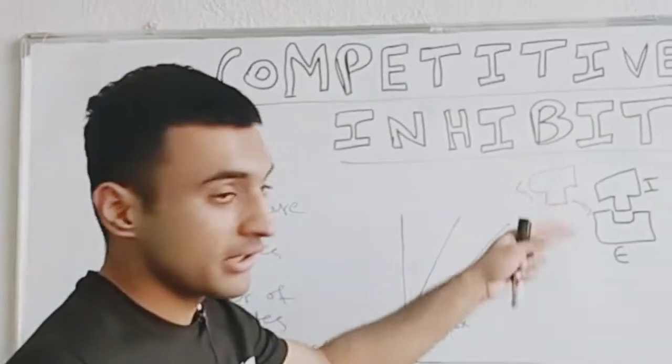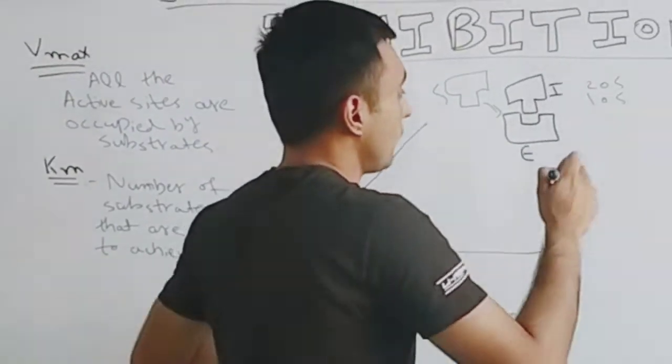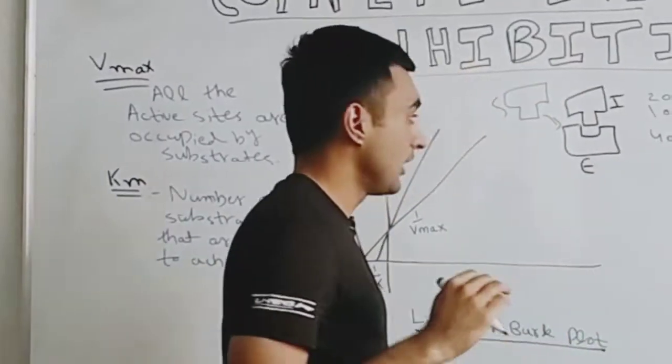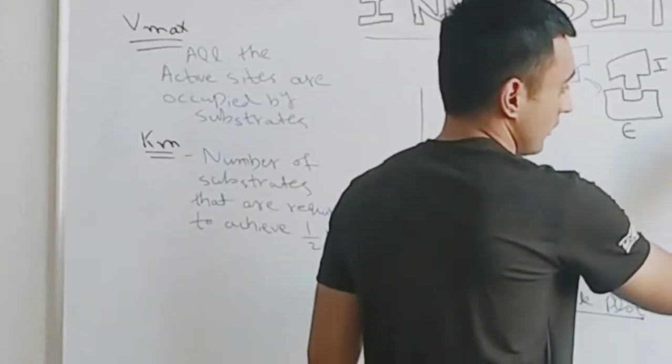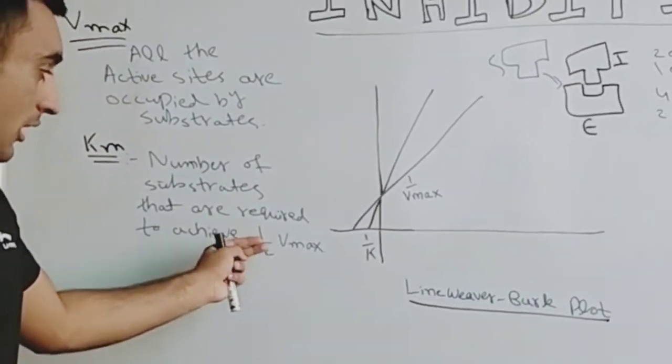But in the case of the inhibitor, now 40 substrates are required to achieve the maximum velocity, and 20 substrates are required to achieve the Km value, that is half of the Vmax.